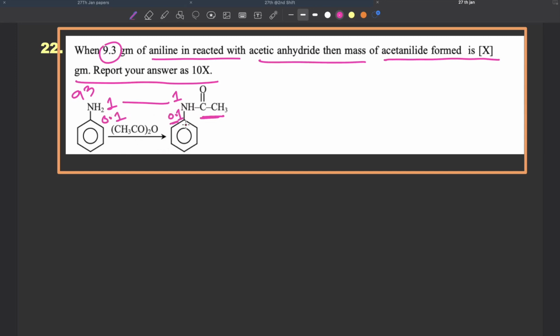The moles are in equal ratio, so we should know the molar mass of the product. So what should it be? It should be 93 up to here. It should be 2 carbons, 12 plus 12, 24, and 3 more hydrogens, 1 oxygen. Just add this: 6 plus 3, 9 plus 2, 1. It goes up here, 9 plus 1, 10 plus 130. So it should be 131. So the answer is close to 131.